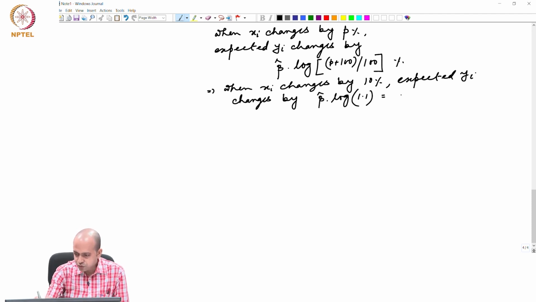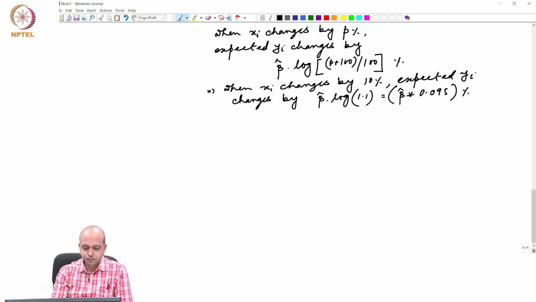So, beta hat into log of 1.1 equals 0.095 percentage.